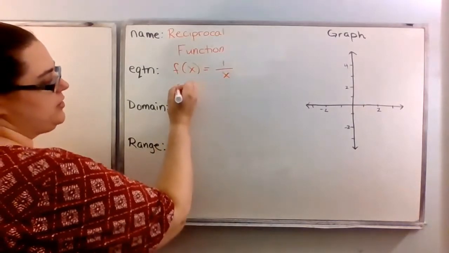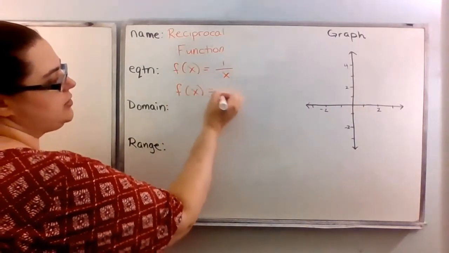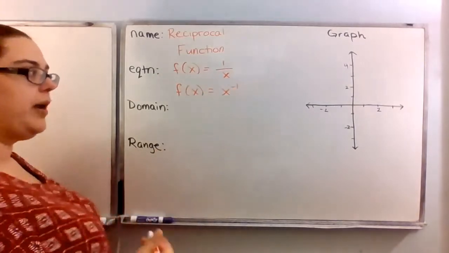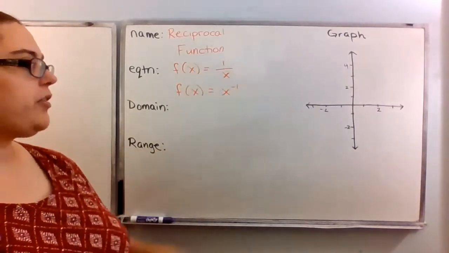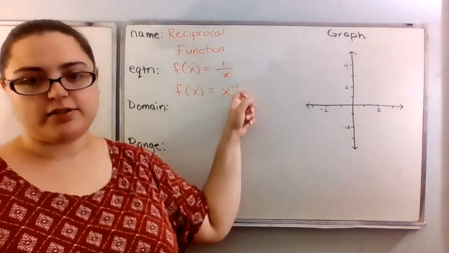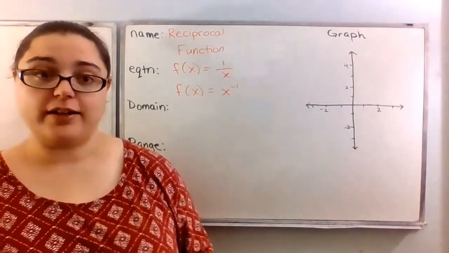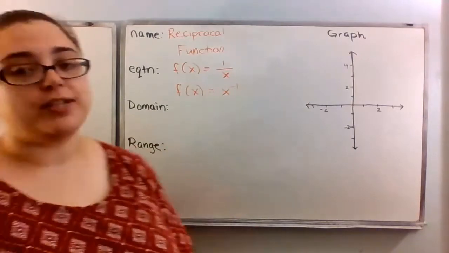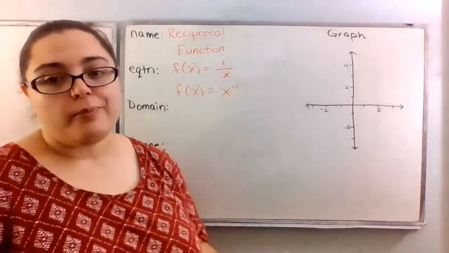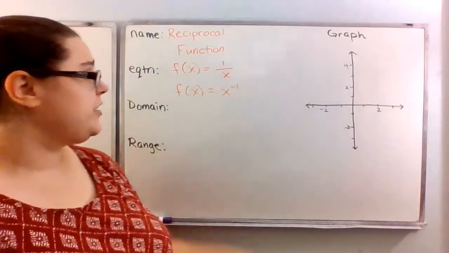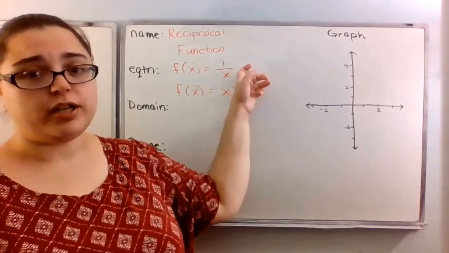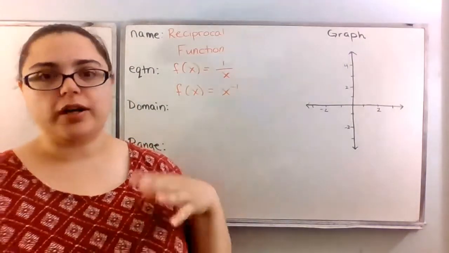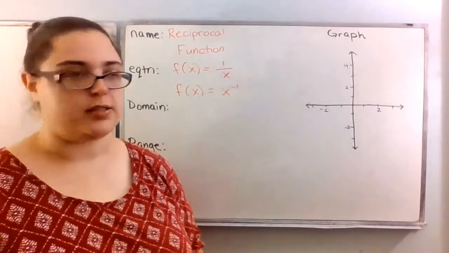Another way to represent this would be to say f of x is x to the negative 1 power. So remember that if we have a negative exponent, that's going to find the reciprocal of the value. So the reciprocal function could also be expressed using a negative exponent. My personal preferred tendency is to use this fraction notation unless I'm working in conjunction with lots of other exponents.